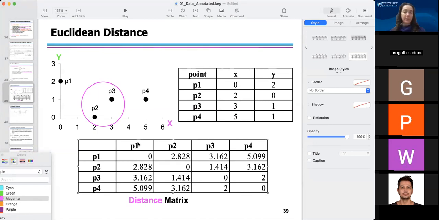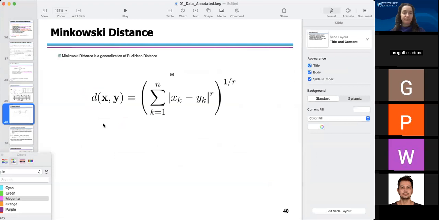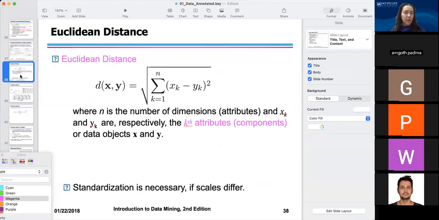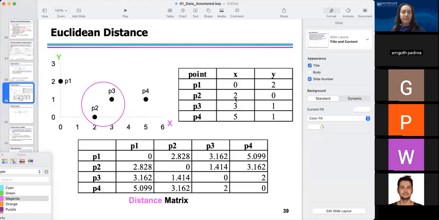Now, if we're to compute the distance between point 1 and point 2, we're going to go back to our formula that we have here. So we will plug in the numbers for the first attribute and the second attribute and subtract them. So let's say we're going to subtract 2 minus 0 and square that.